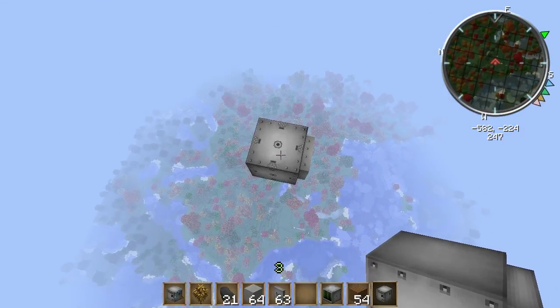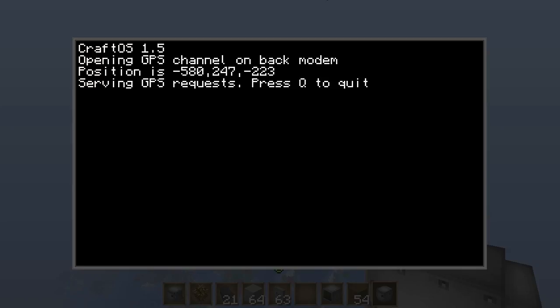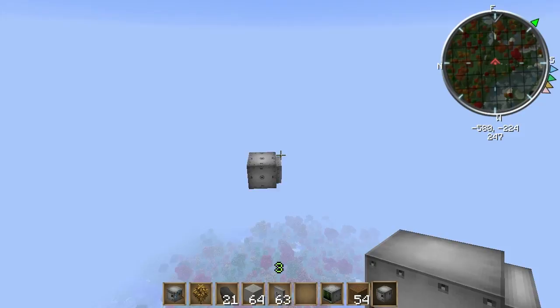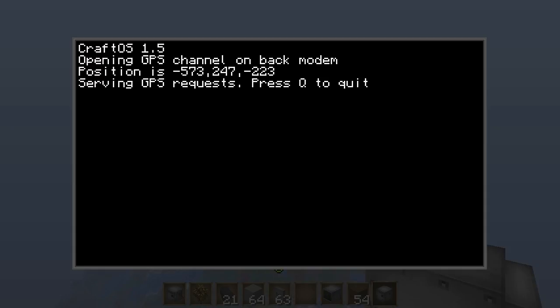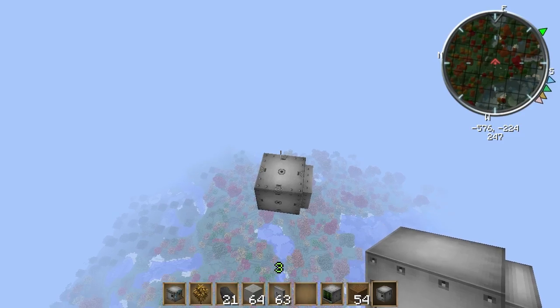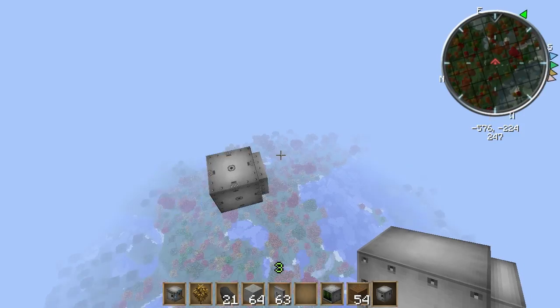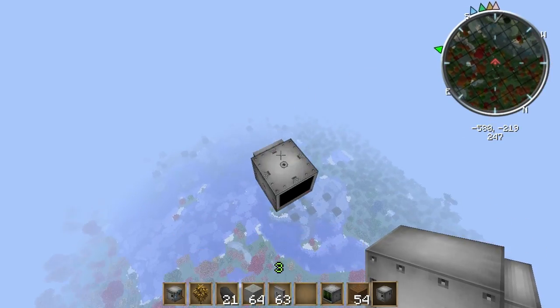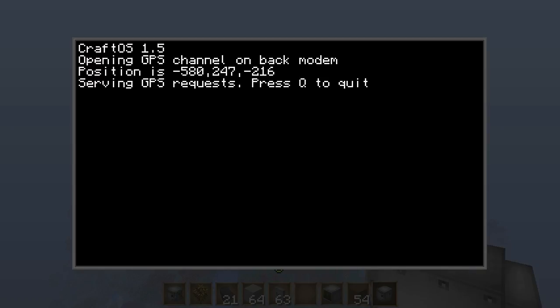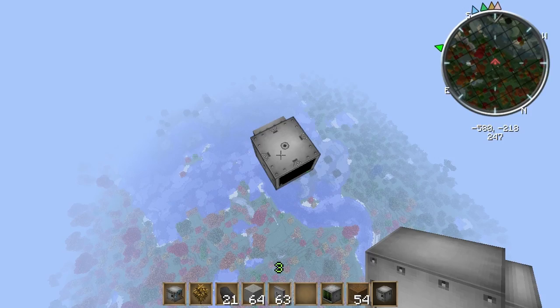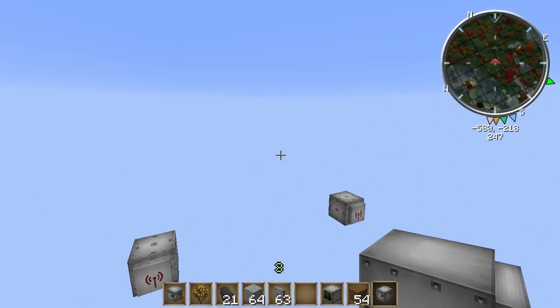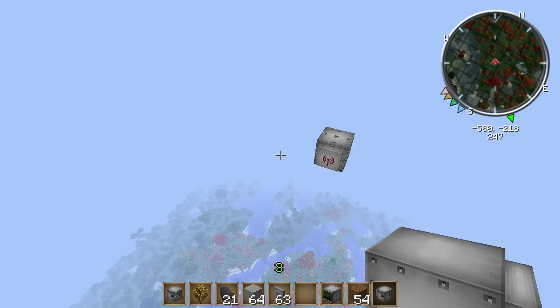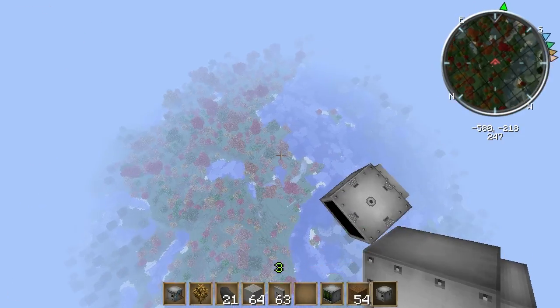Minus 580, 247. Oh no, it doesn't. What am I talking about? Mine's 573247. Well, it's a bit off. All right though. Mine's 580247. Like I say, at least that is a GPS array which is working and fairly accurate.